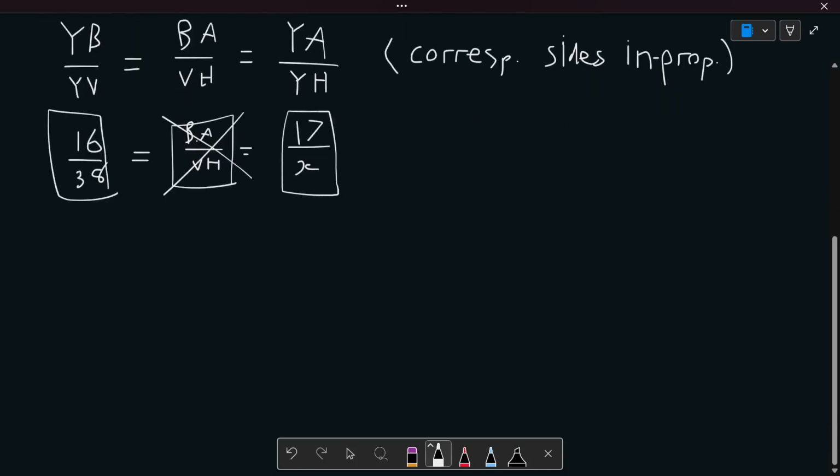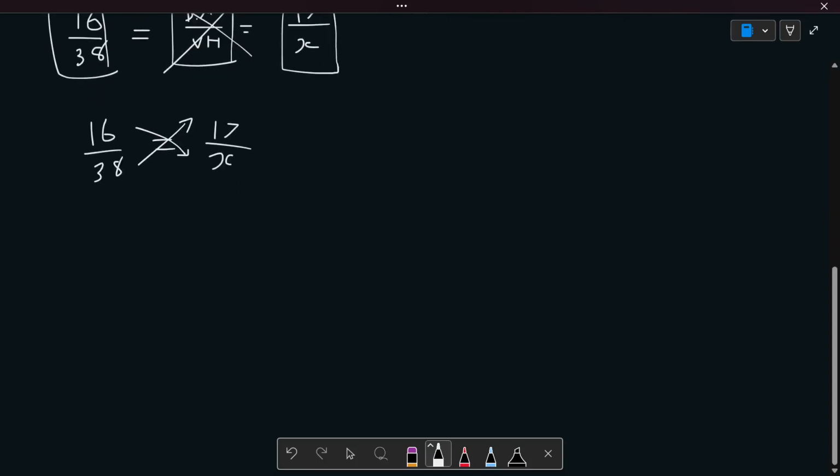We can say that 16 over 38 is going to be equal to 17 over X. And then from this point, we can actually solve for X. We can cross multiply, and then we get 16 times X, which is just 16X, equal to 38 multiplied by 17, which is just equal to 646.